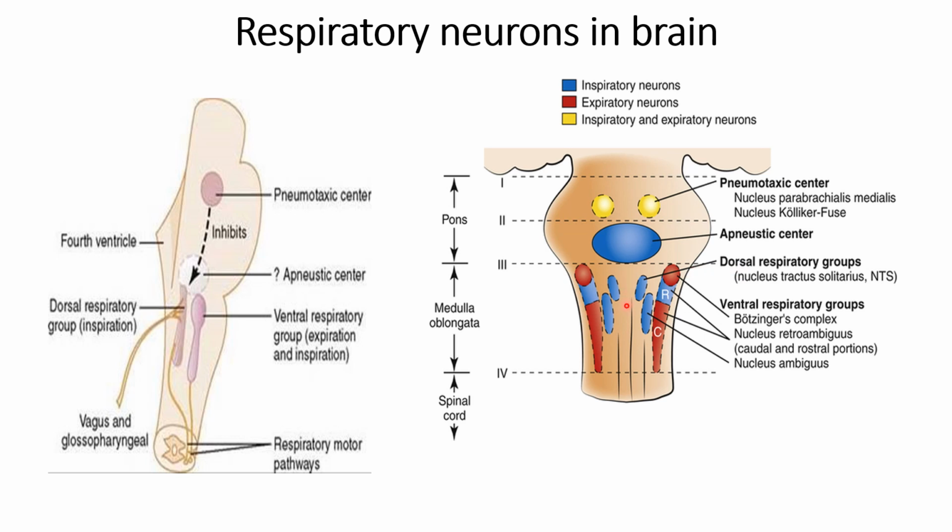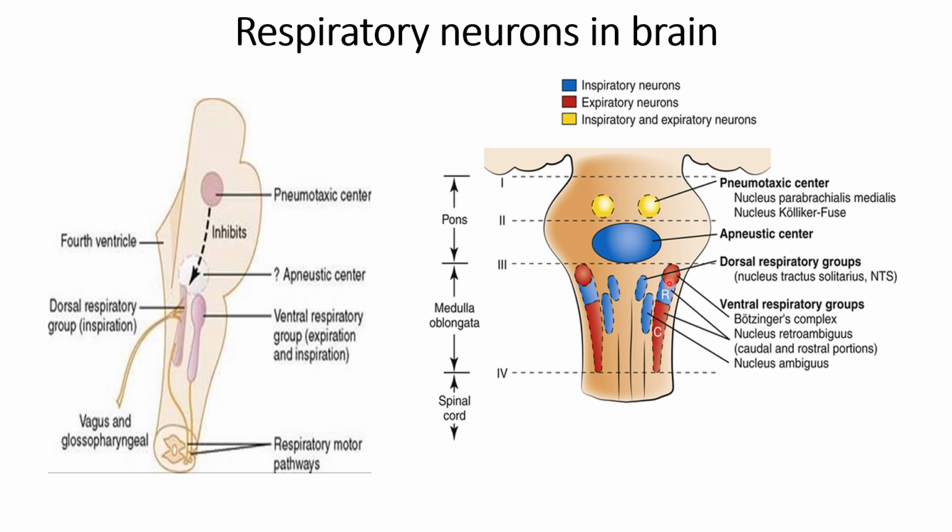And what does the ventral respiratory group consist of? As we know, it consists of both expiratory neurons and inspiratory neurons. So these are the ventral respiratory group. The caudal part of this ventral respiratory group is called the Botzinger complex, and the lower part, the rostral part, is called the nucleus retroambiguus and nucleus ambiguus.